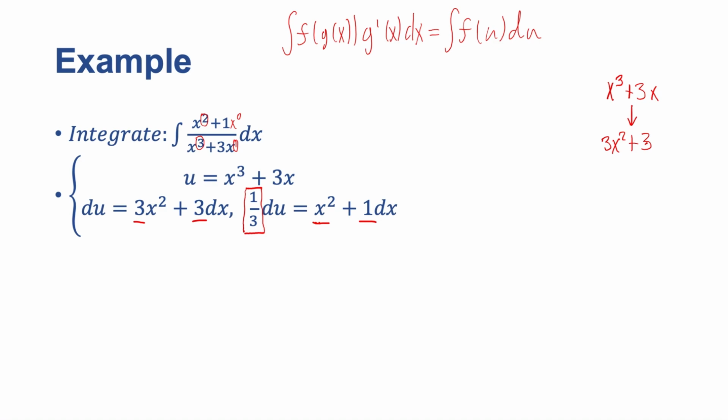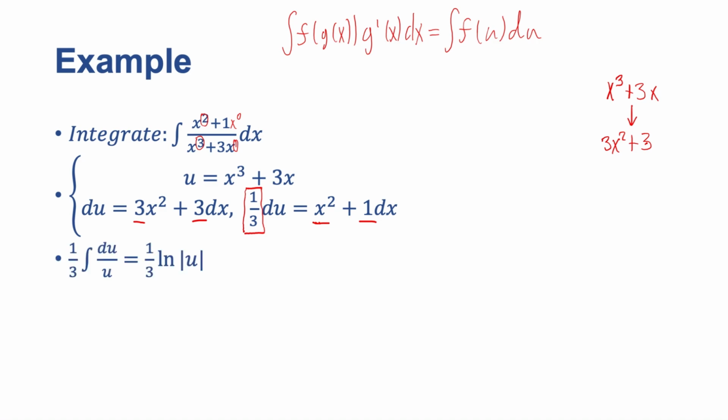All right, so now with that in mind, we are ready to make our substitution back into our integrand, and hopefully if we do this right, this is going to result in all of the x's turning into u's, and it will result in an integral that we absolutely know how to compute.